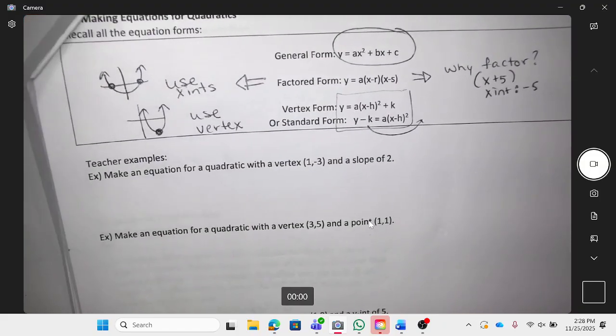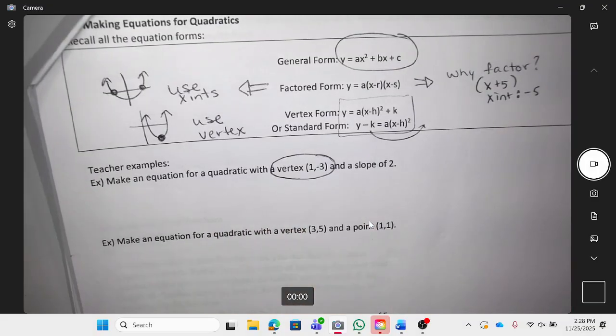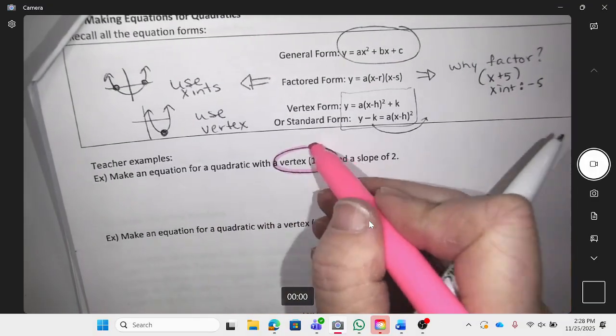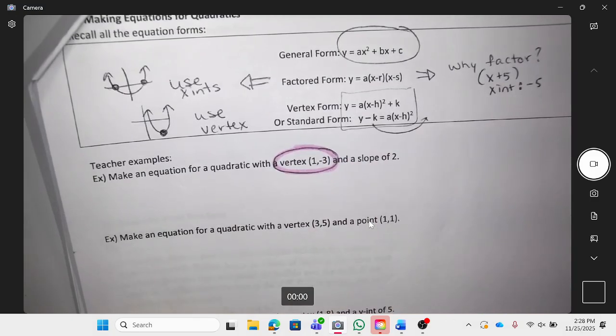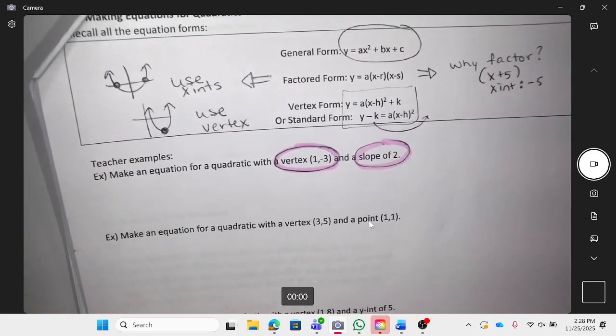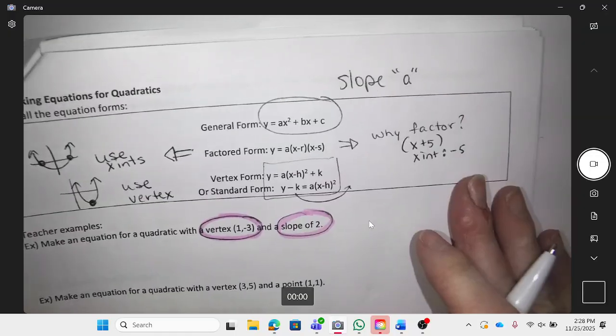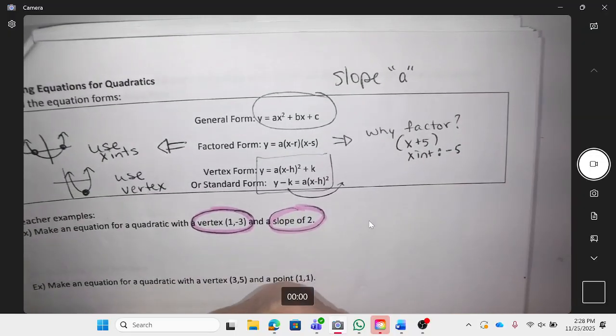Okay, so here we go. Make an equation of a quadratic with a vertex. Ooh. So that's important, right? And a slope of 2. What does the word slope mean? Slope is that a piece. Okay, what does the a piece tell us?